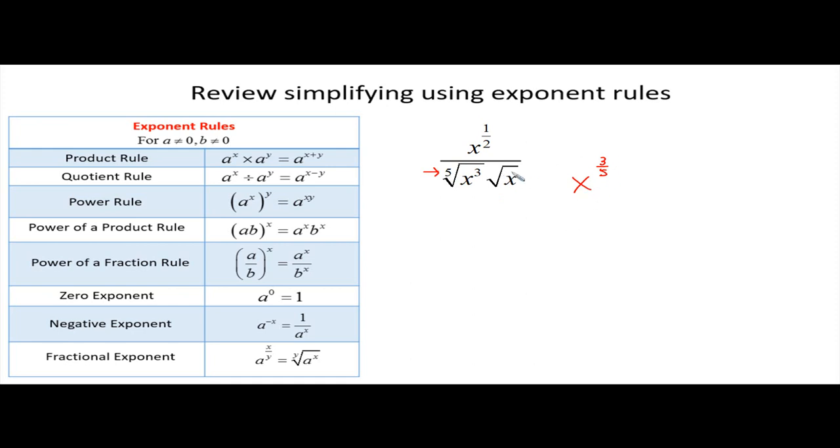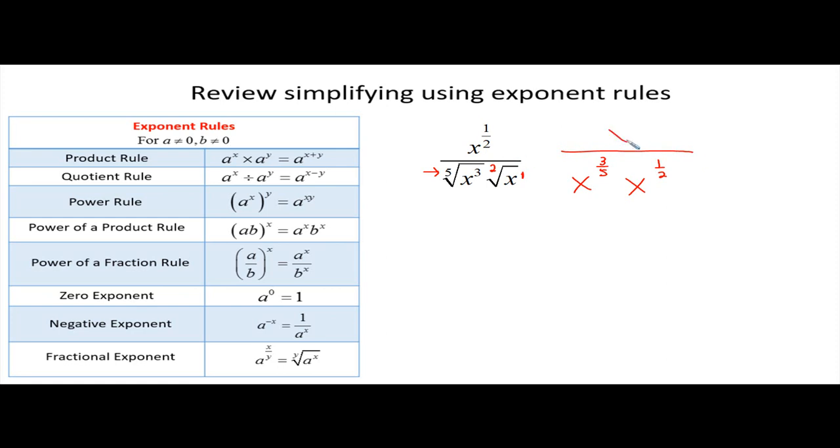Remember, if it's a square root, there's an imaginary 2 here, and if there's no exponent here, there's an imaginary 1. So this is going to give me x to the 1/2. If you don't remember how to change radicals into exponent form, make sure you review that, okay?